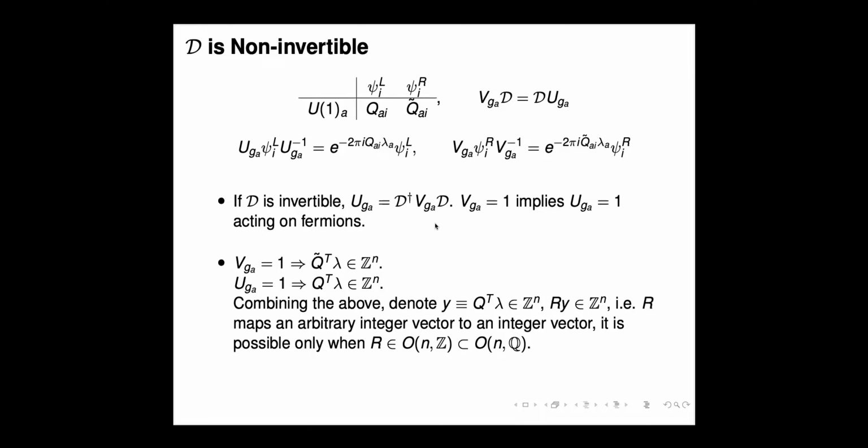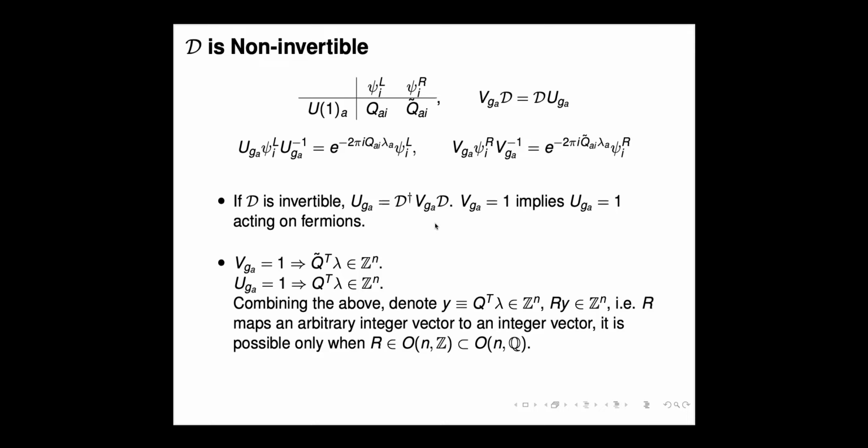When is it possible? It's possible when the R matrix is an integer matrix as well. In this case, the corresponding D will be some swapping operation, which just exchanges the terms.